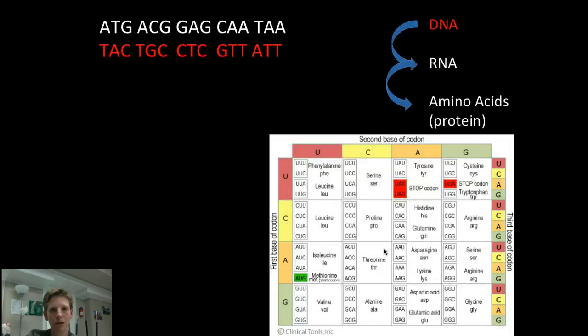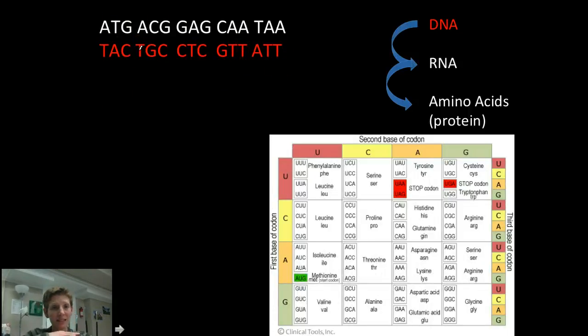So let's just kind of wrap things up here, going through transcription and translation in order, taking DNA to RNA to amino acids that make a protein. Let me get my little pen here. So this is a two-sided DNA.